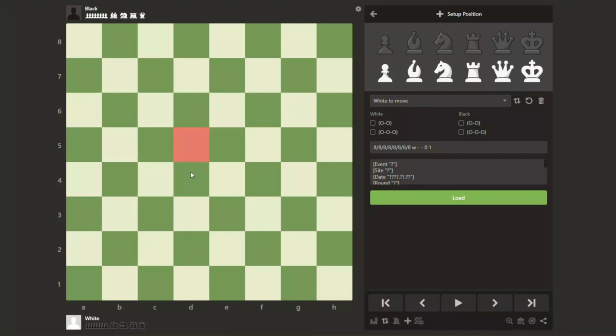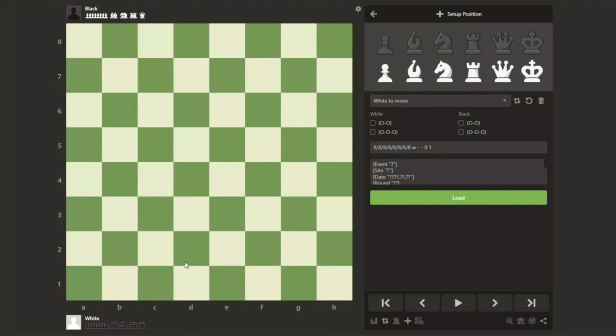First you will see the alphabet. As you can see on the line, this is on the D alphabet. And sideways, we can see it is on the 5th rank. So this square which I have marked in red is called the D5 square.